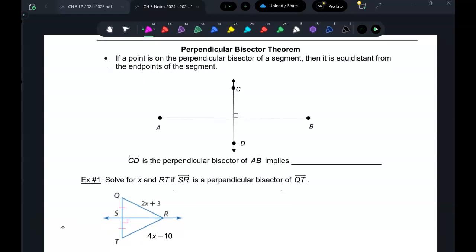All right, so here's the perpendicular bisector theorem. If you have a point on the perpendicular bisector, so if you have a point on that segment, it's going to be equidistant from the endpoints.